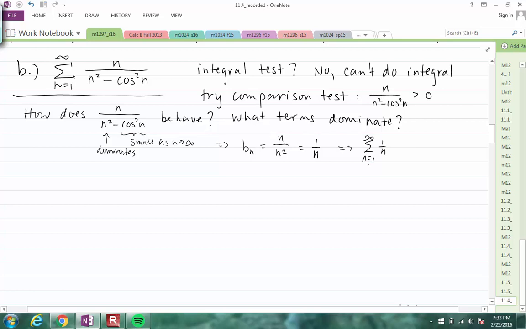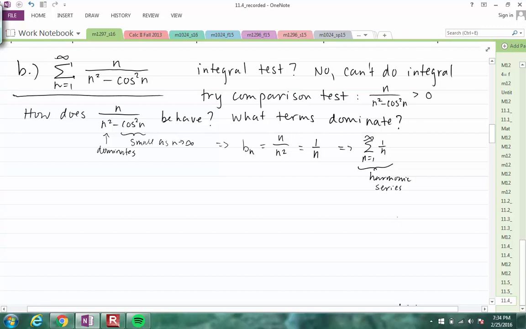Alright, so now we start our test. One thing you don't necessarily have to do here, but at some point you need to determine is whether the series you're comparing to, the b sub n series, converges or diverges. So the series 1 over n is the harmonic series, and that's a special case of the p-series.